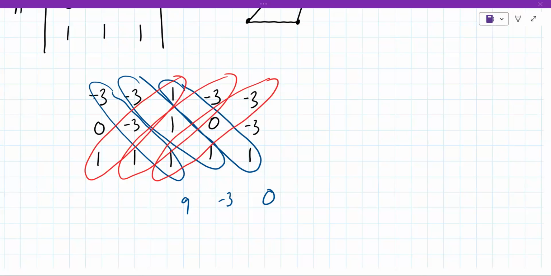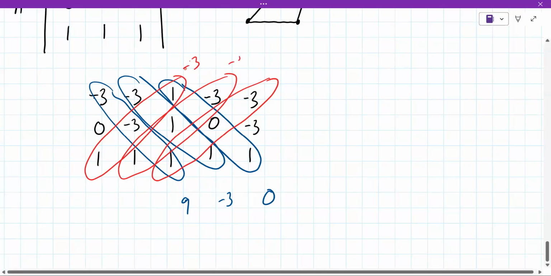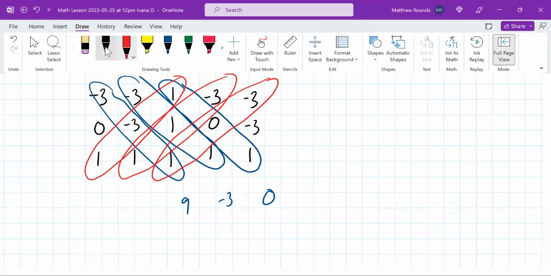Okay, -3, and 0. Good. So again, it's the bottom numbers.